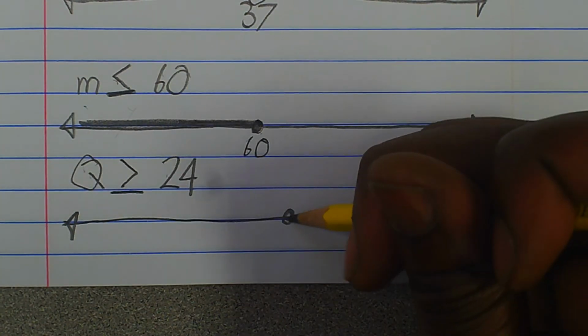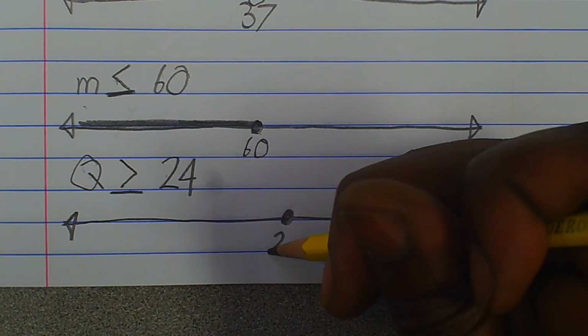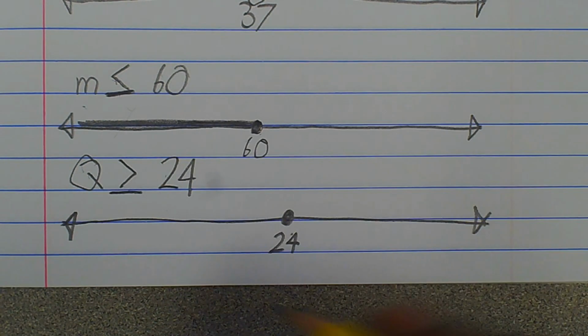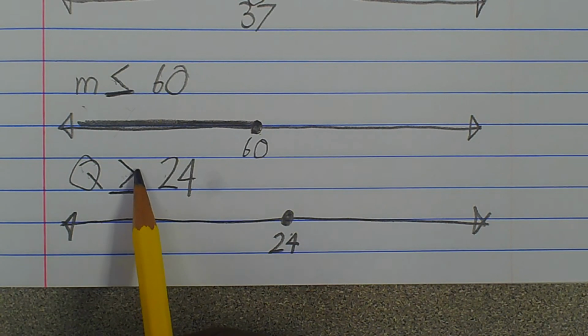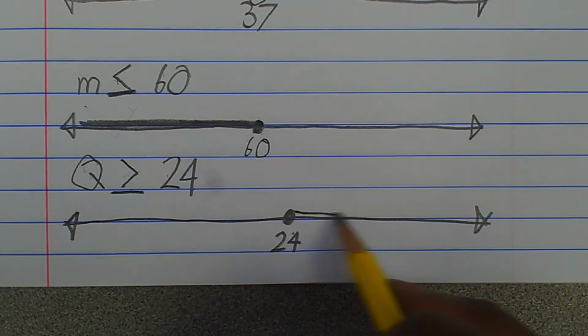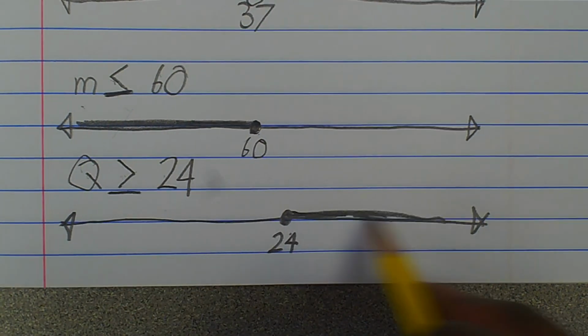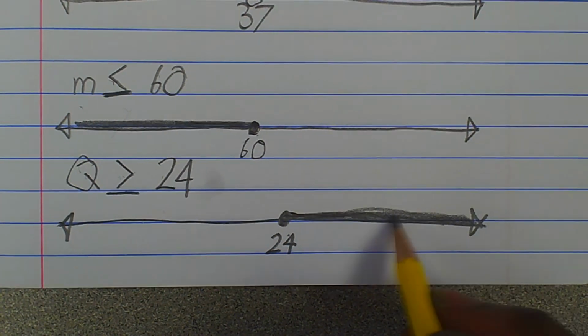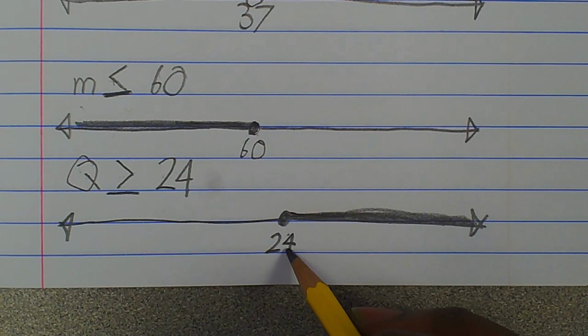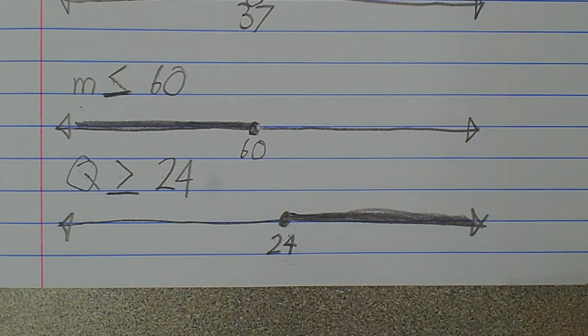So at 24, it's going to be a closed circle. And then I have to graph all values that are greater than 24. So this is greater than or equal to 24. All right?